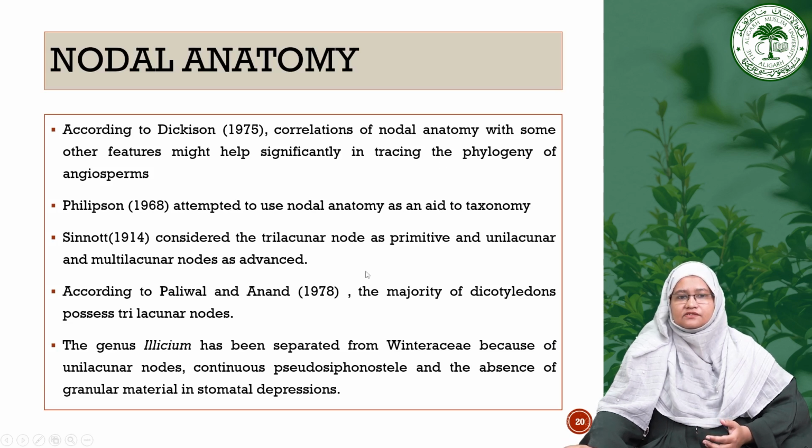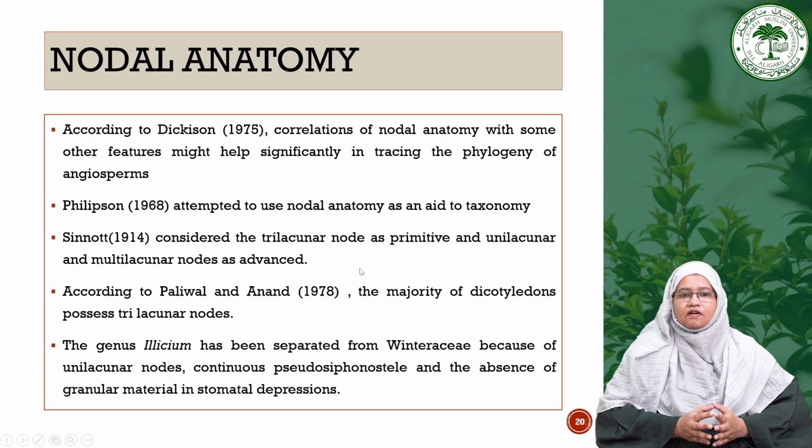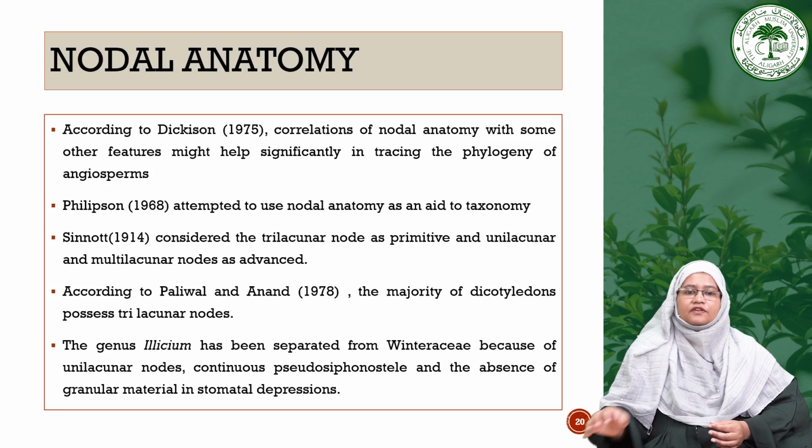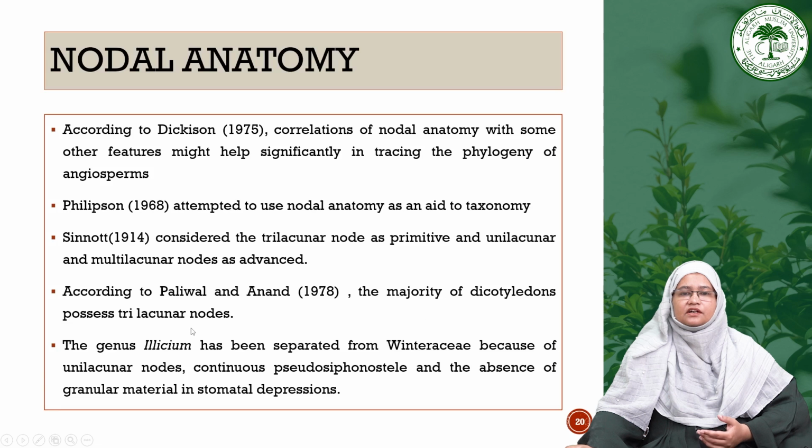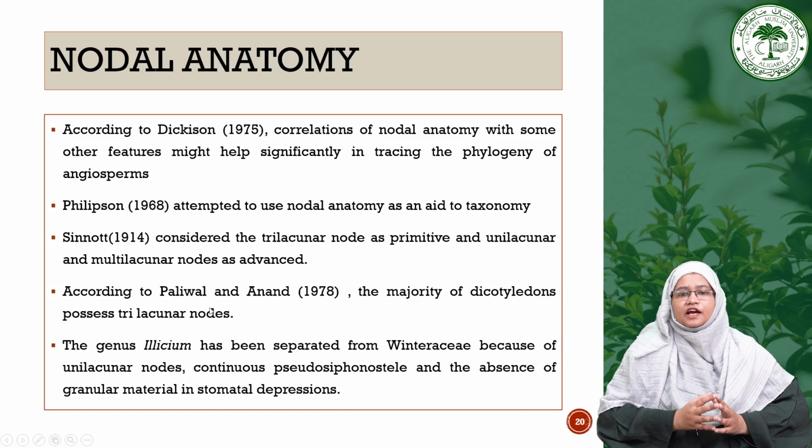Then Sinnott considered the trilacunar node as primitive and the unilacunar and multilacunar nodes as advanced types. He said that all the unilacunar and multilacunar nodes originated from trilacunar nodes, and according to Paliwal and Anand, the majority of dicots generally possess trilacunar nodes. They supported Sinnott's view because trilacunar are the primitive ones and the majority of dicots have trilacunar nodes.